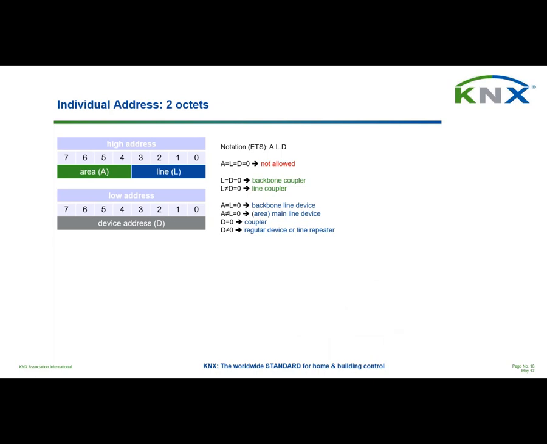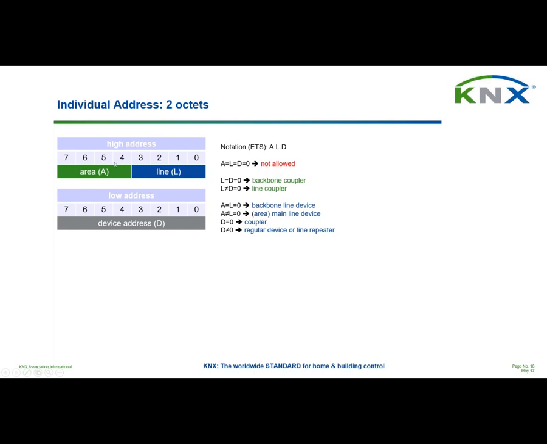Okay, next aspect, the individual address, which is something I haven't even spoken about yet. Within a telegram, there are 2 octets foreseen for that. So whenever a device sends out a telegram, it contains an individual address, right? The length of the individual address is 2 octets, so it has a high address and a low address, and these 2 octets are encoded as follows.